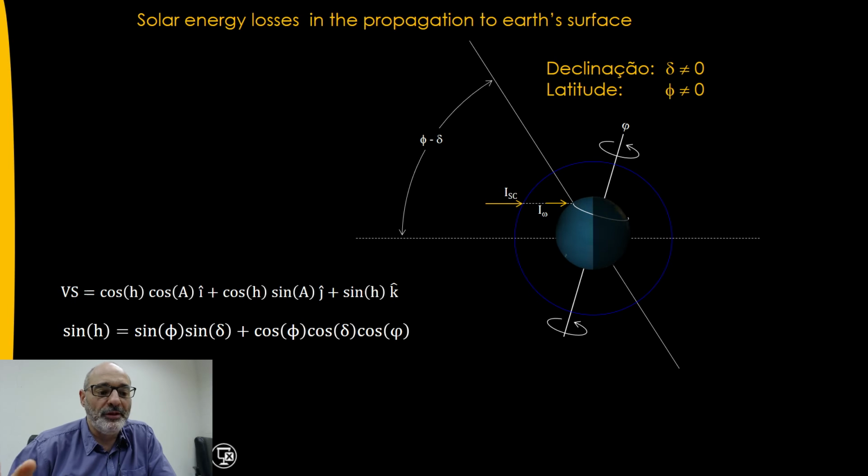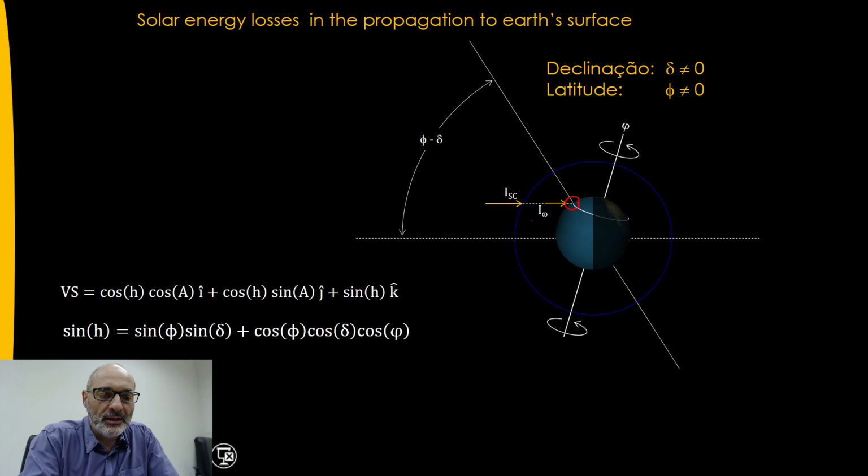So we now have everything. We know how to calculate the amount of energy that arrives at a certain position, a certain latitude, in a given hour of the day and during the days of the year.